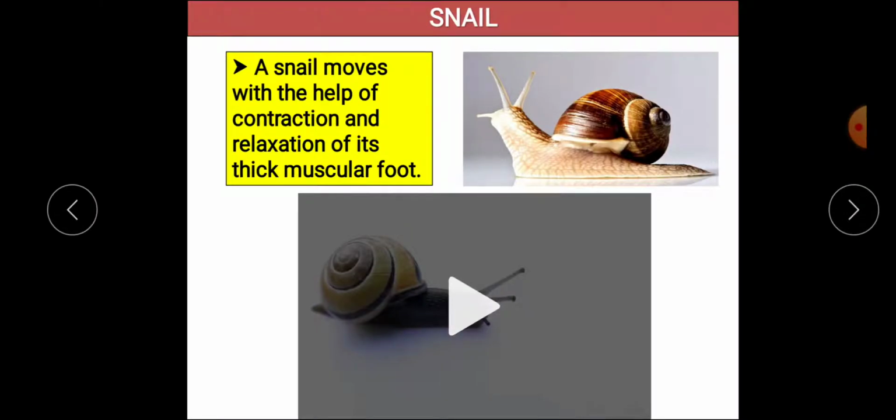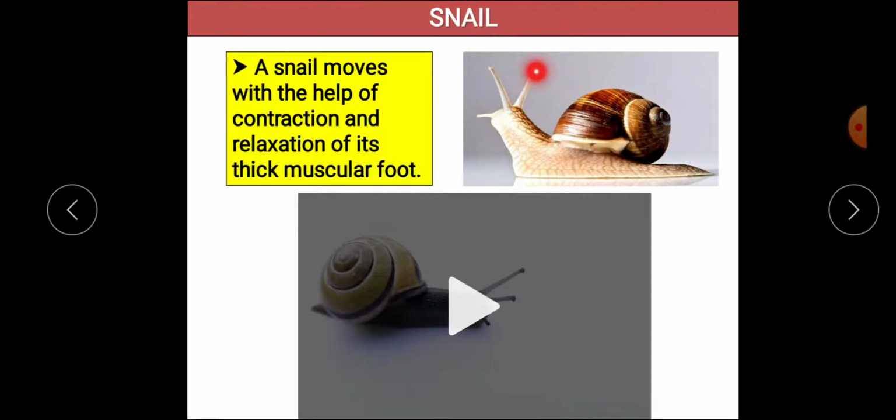Snail. A snail moves with the help of contraction and relaxation of its thick muscular foot. This part is actually a thick muscular part or body of the snail, and this part is called the foot. This is the hard shell, or exoskeleton, of the snail.